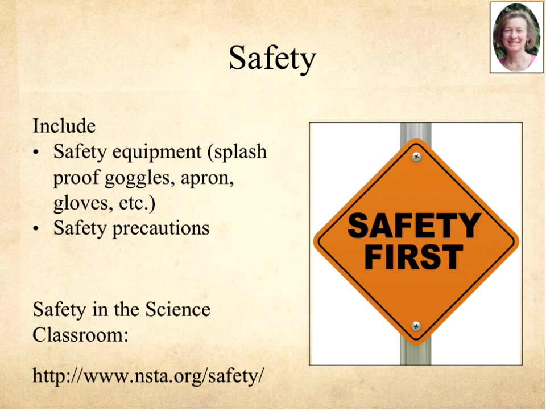Okay, so safety equipment: your splash-proof goggles, apron, gloves, etc. Safety precautions are a biggie, and the reviewers do look for this. There's the safety in the science classroom link, and if you read over that, it will talk about the things you should be doing to ensure that your students are safe when performing different activities.